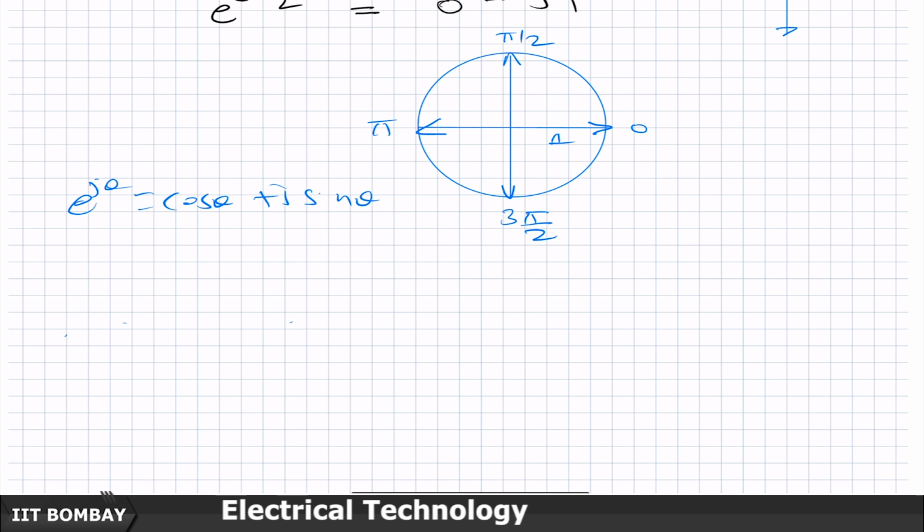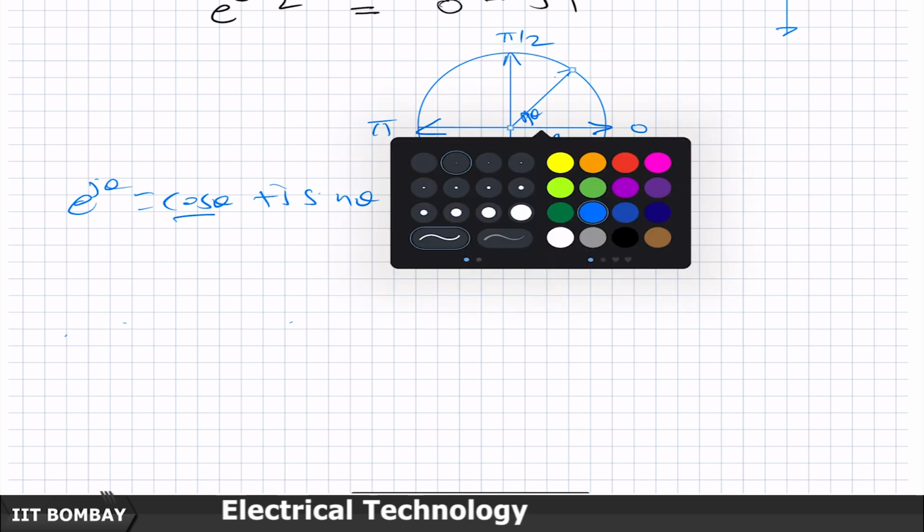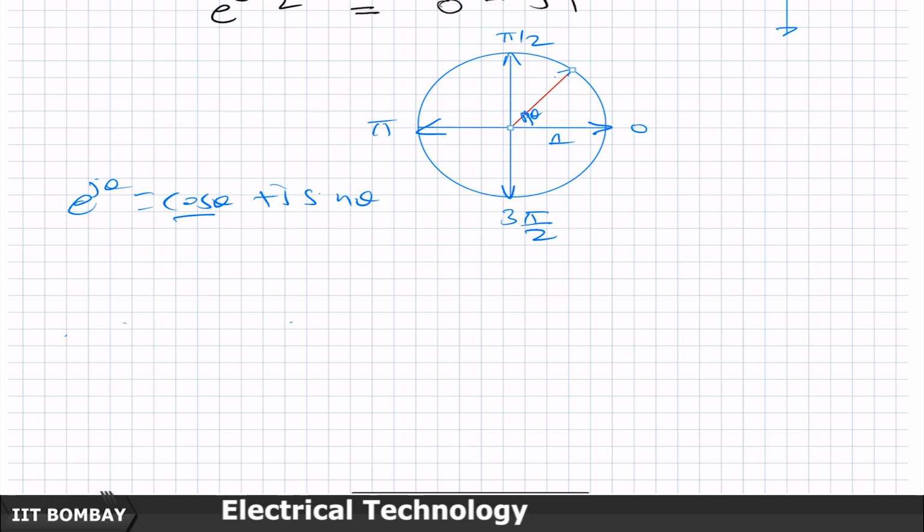Now, if you take this as e to the power j theta, then what does it mean? Its projection on the real axis is cos of theta. So, let us say I take a vector at an angle theta from the x axis, and project it onto the x axis.